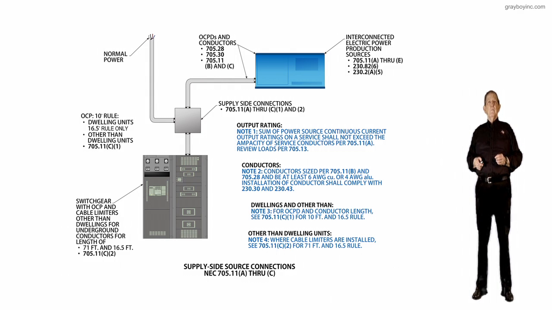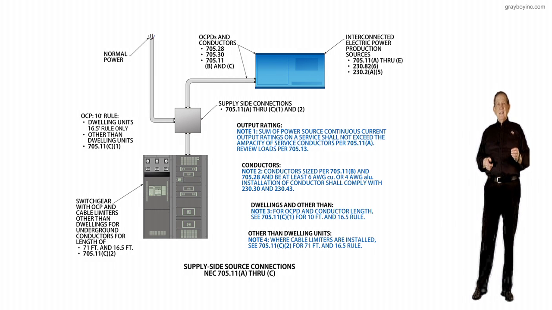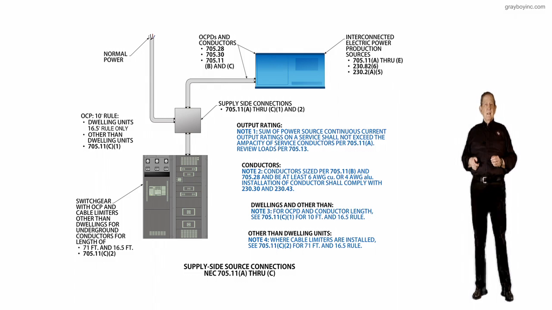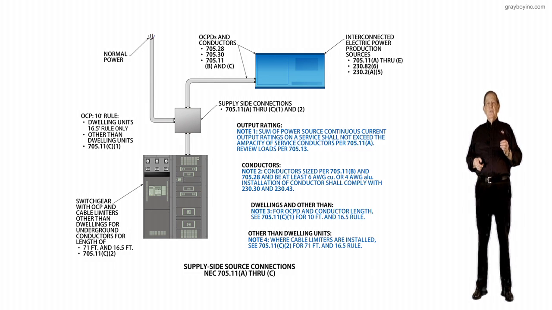It has overcurrent protection and current limiters, other than dwelling units, for underground conductors that have a certain length, such as 71 feet and 16.5 feet. Notice those lengths are outlined in 705.11(C)(2).